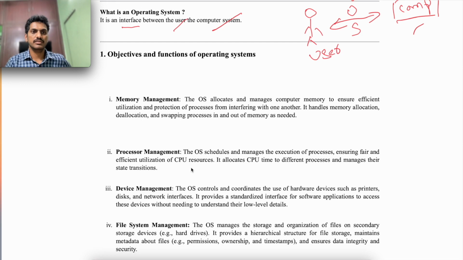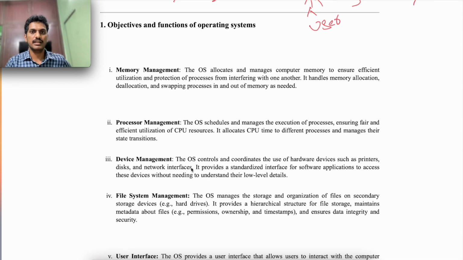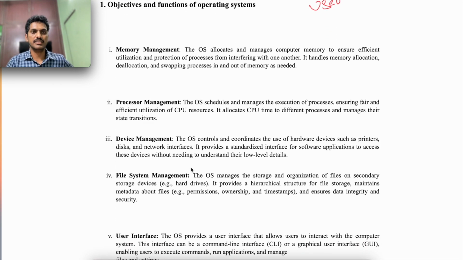Next, we see the functions of operating system one by one. Memory management, it manages the computer memory. So you only remember these side headings. You write the answers according to your understanding in your own words.